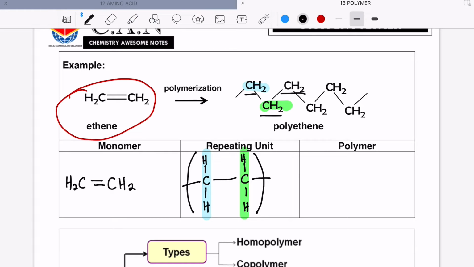So the polymer will be like this. Okay, and we have to put n. n means it can be numerous, it will repeat and repeat and repeat.